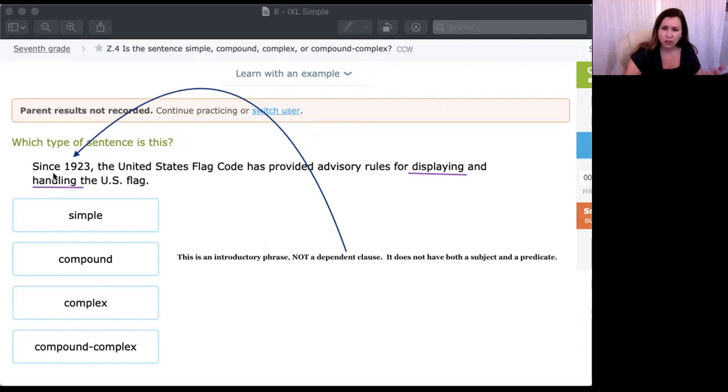But if we're going to determine whether that is a dependent clause, we have to say, well, does it have a subject and a predicate? No, it doesn't. So this is definitely a phrase, an introductory phrase. It's telling us when, okay? So since 1923, the United States Flag Code has provided advisory rules for displaying and handling the US flag.